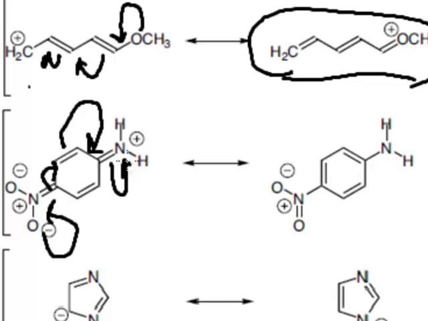So looking at these examples, the octet rule is filled on both. Again, you could go to every single atom and convince yourself that each atom has 8 electrons shared in its valence shell. That would be a really good exercise to do if you're struggling with this. So each structure, left and right, has octets.